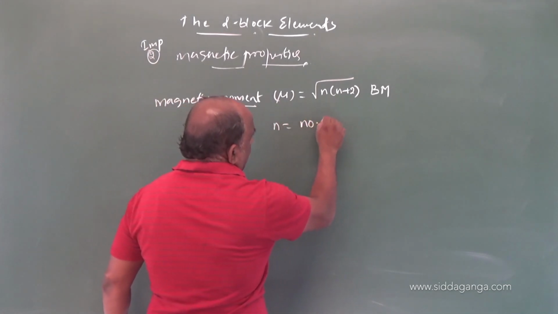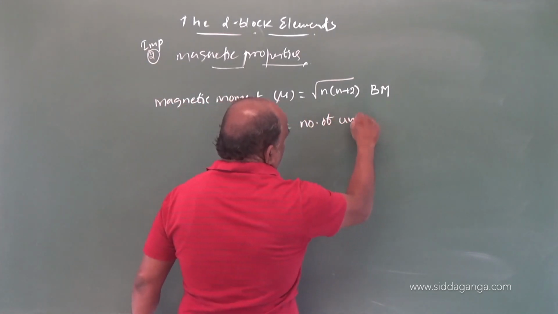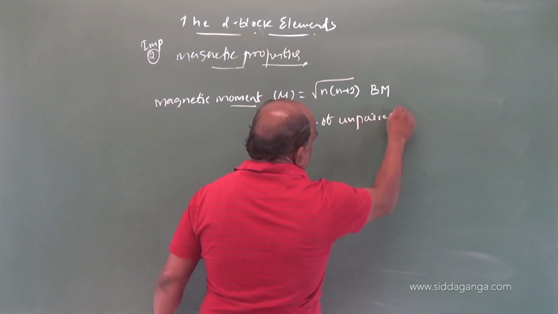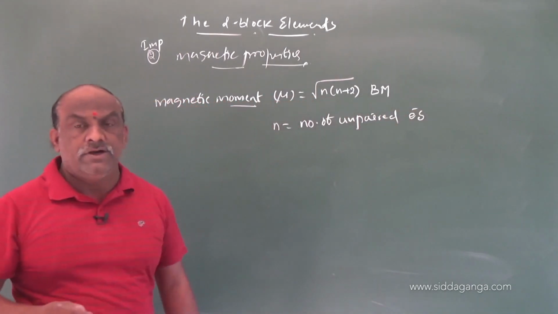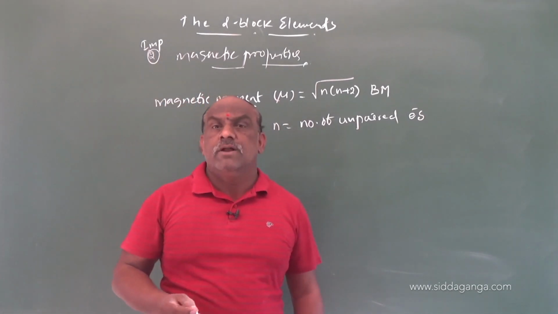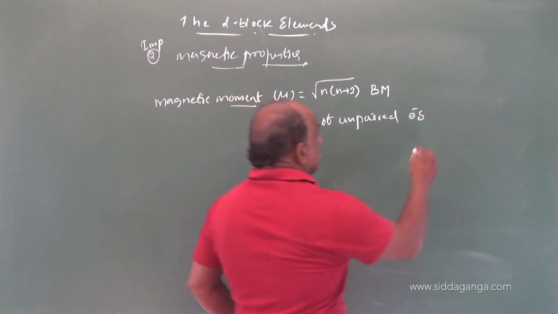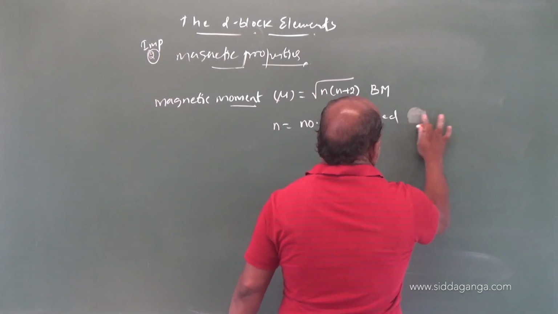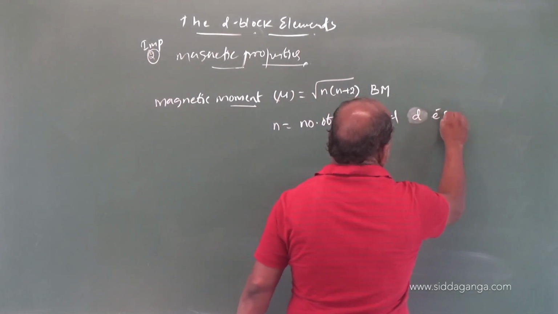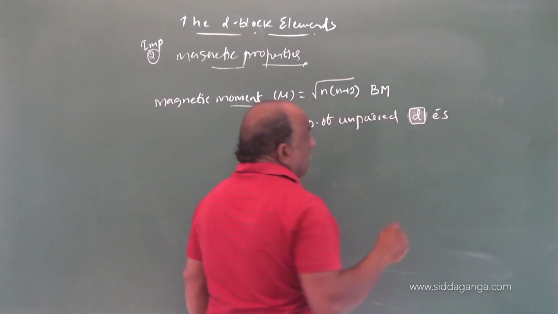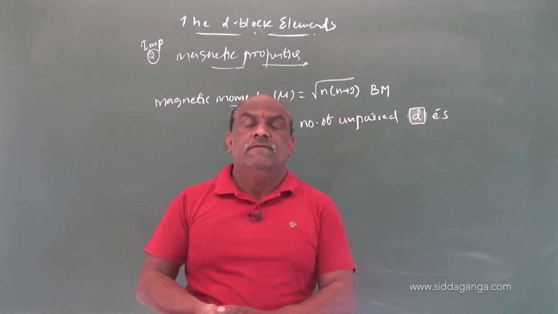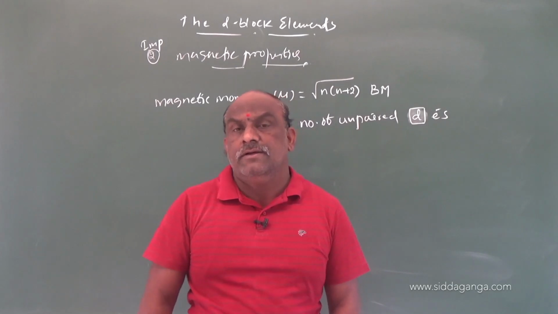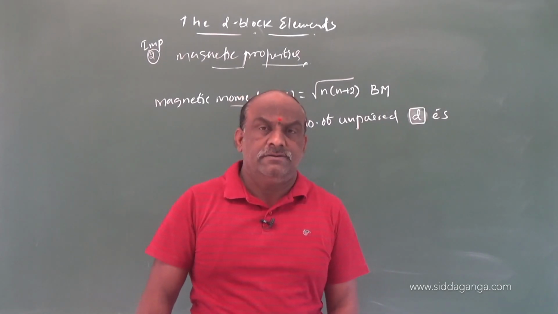n is nothing but the number of unpaired electrons. Which unpaired electrons? The number of unpaired d electrons when the metal is available in ionic state.